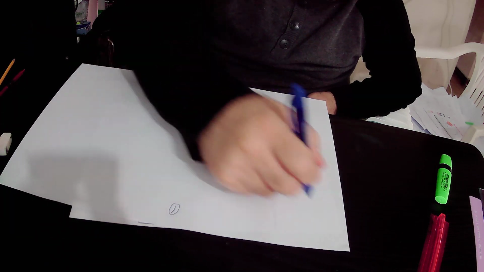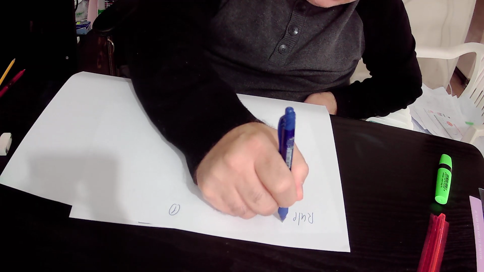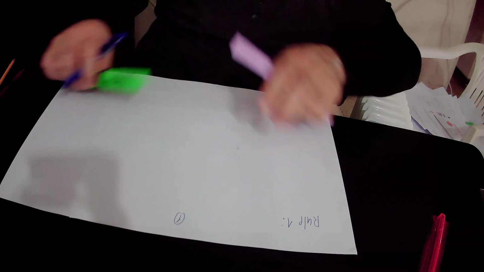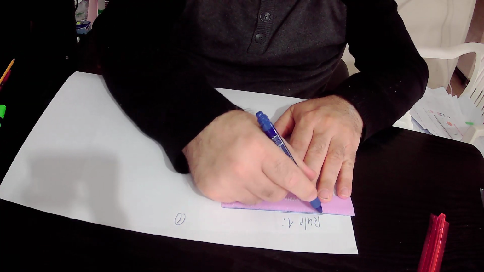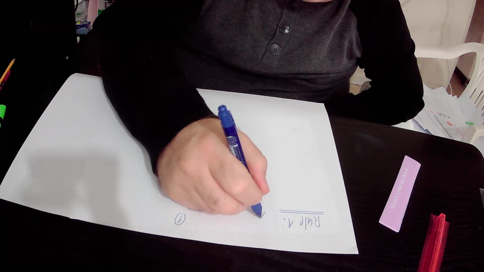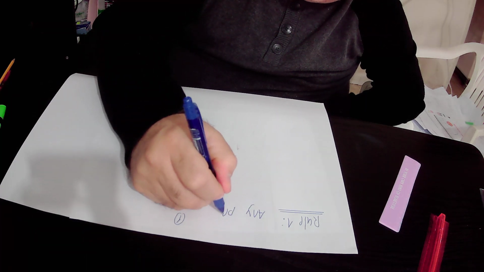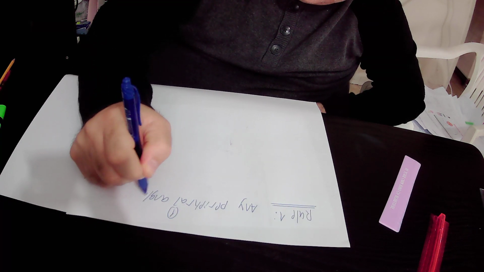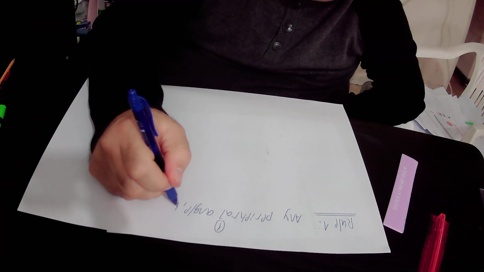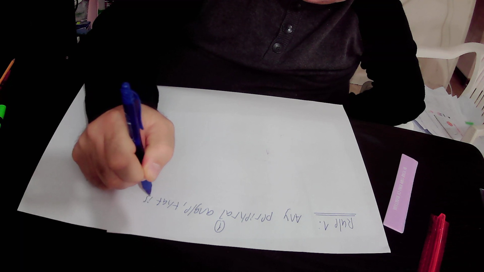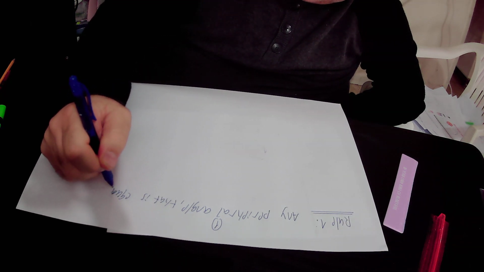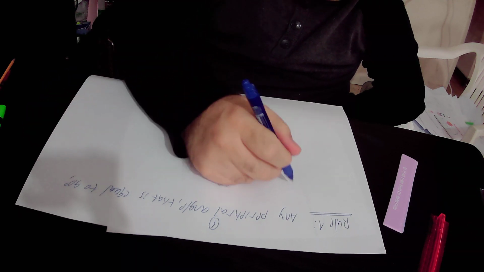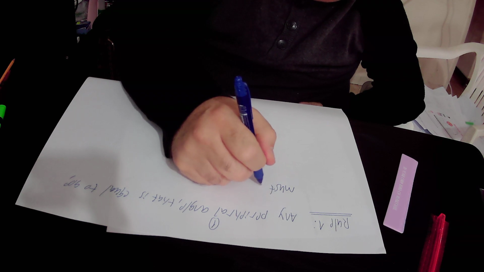According to rule number 1, any peripheral angle that is equal to 90 degrees must rest on the diameter.